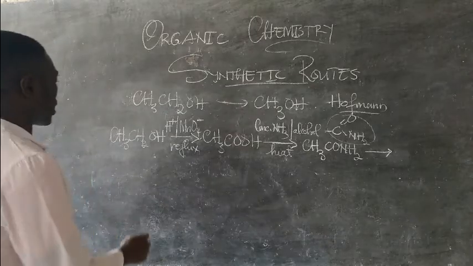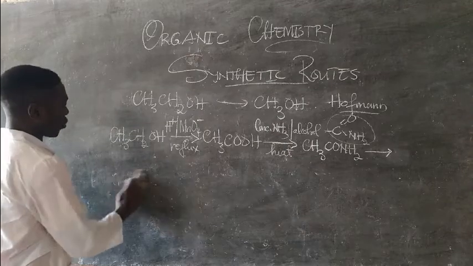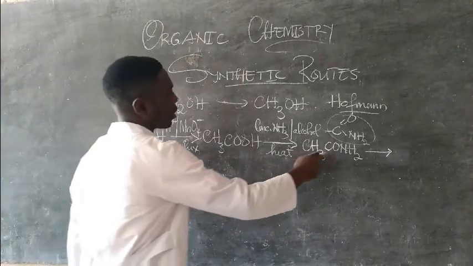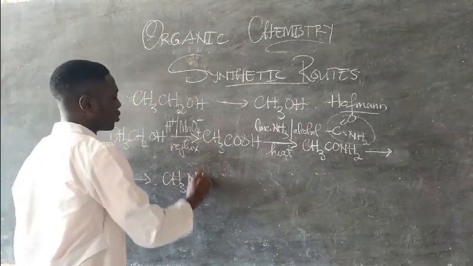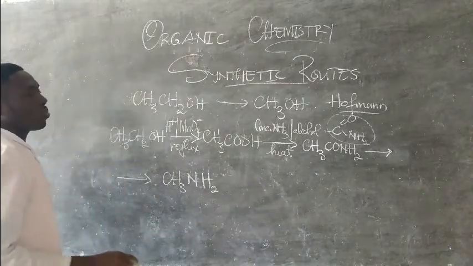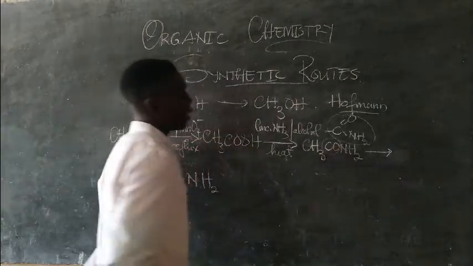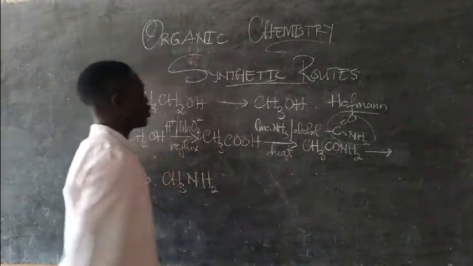So what happens is that I have CH3CONH2, which can be converted to CH3NH2. This means that this carbon atom plus this oxygen can be removed, thereby stepping down the number of carbon atoms in the main chain to 1.